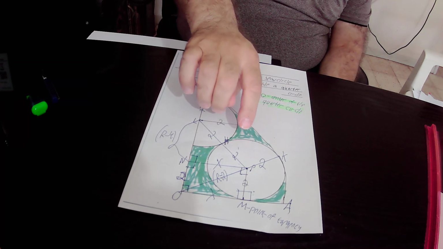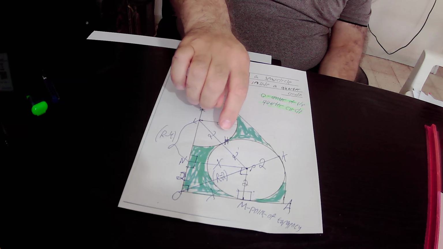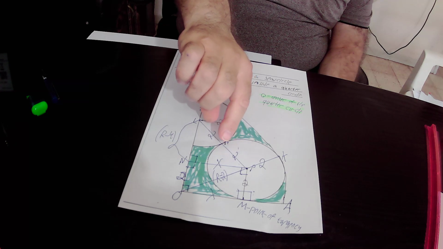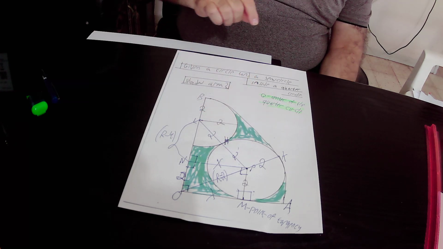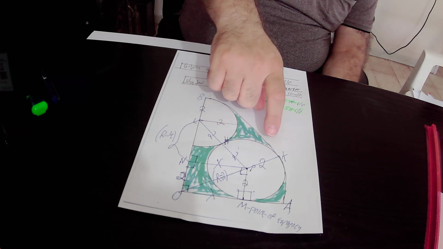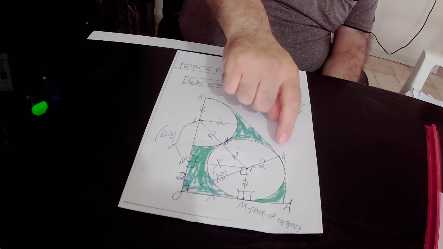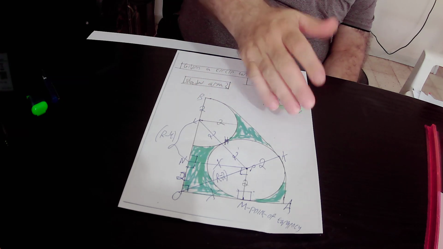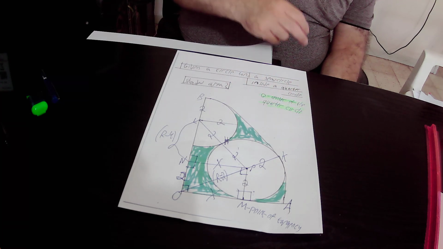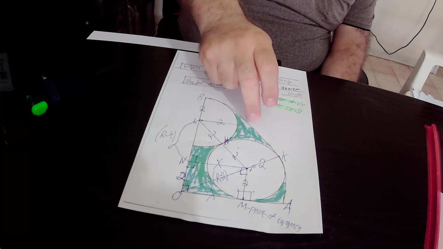The semicircle is tangent to the circle at point H, that is to say, they touch externally at point H. And the circle is tangent to the quarter circle at point K, that is to say, they touch internally at point K. Our mission is to find the shaded area.